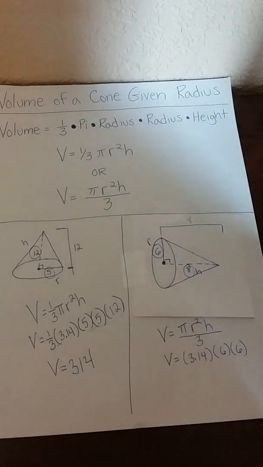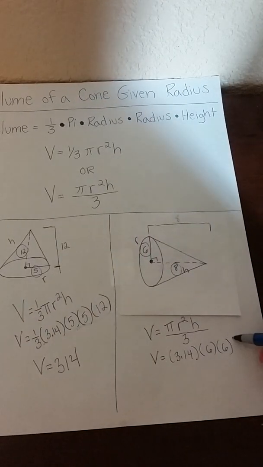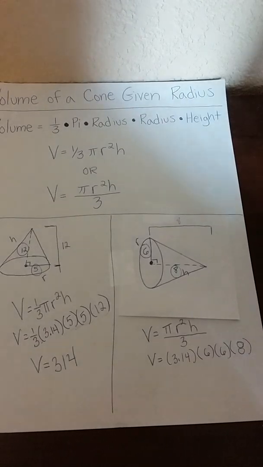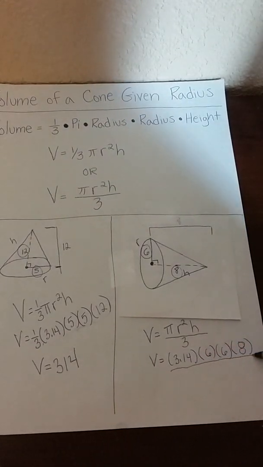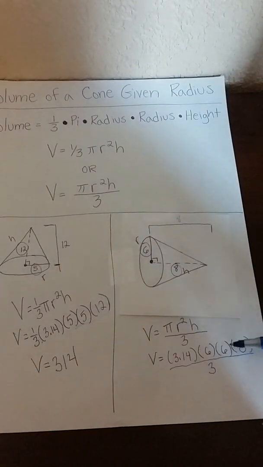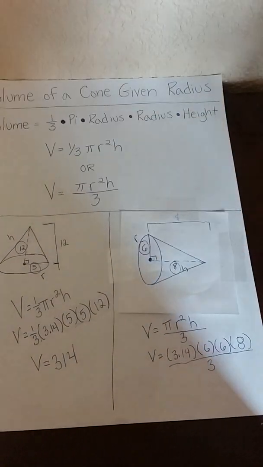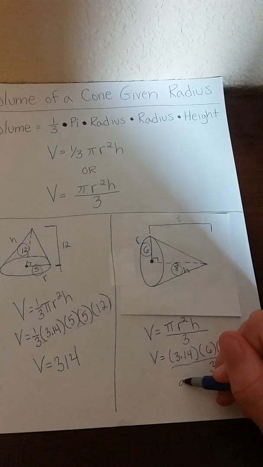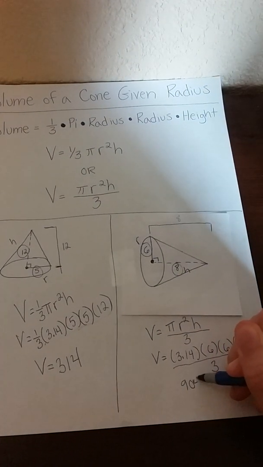It's the radius twice. And then the height is 8. And then all over 3. So now I'm going to put this multiplication in my calculator and get an answer. And when I put that all in, I get 904.32.